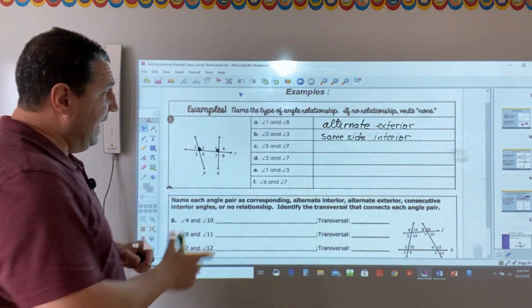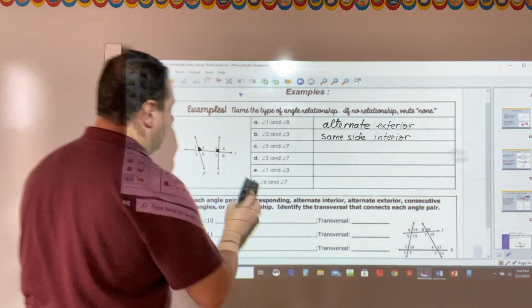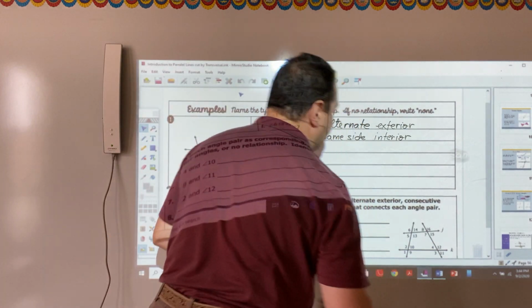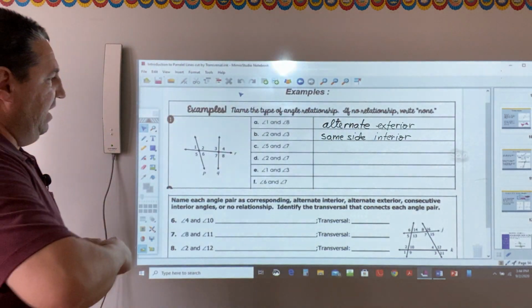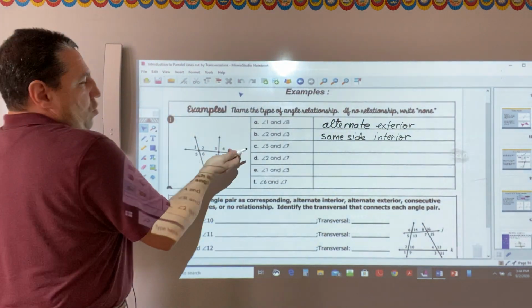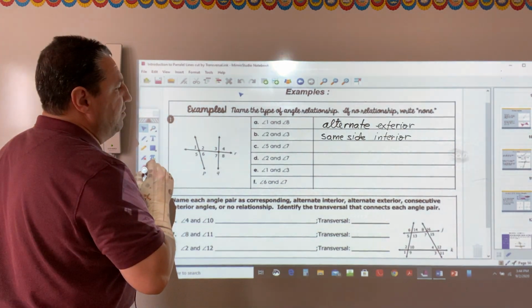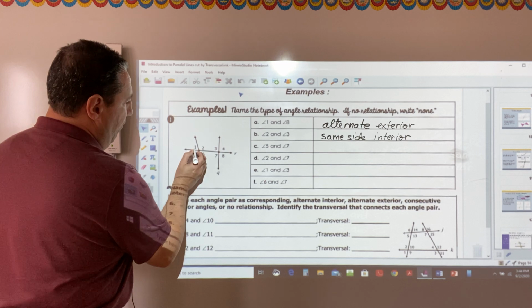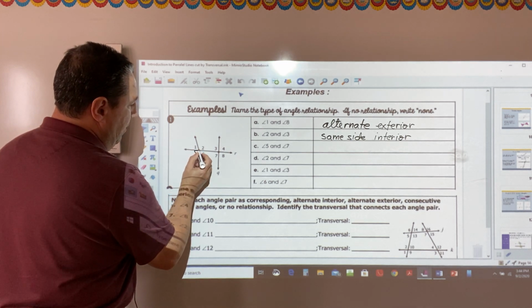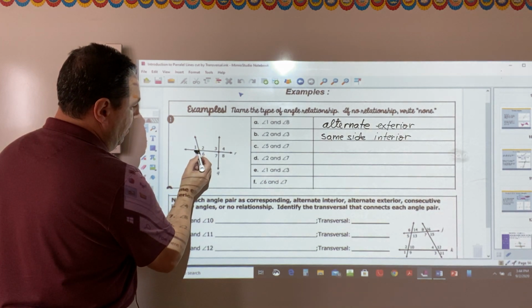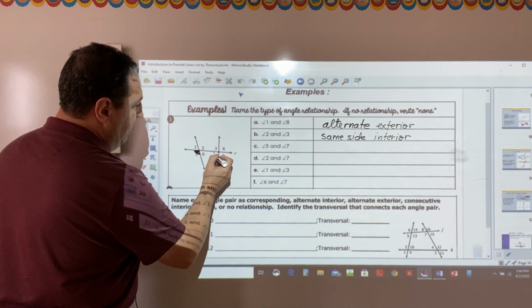Good. Next, angles 5 and 7. Again, because we already know the transversal, we just mark the angles 5 and 7.